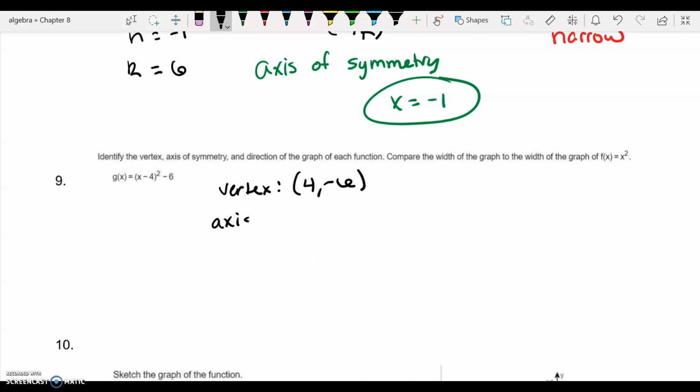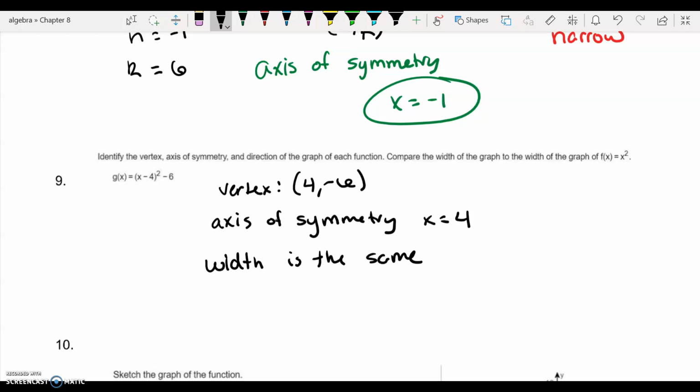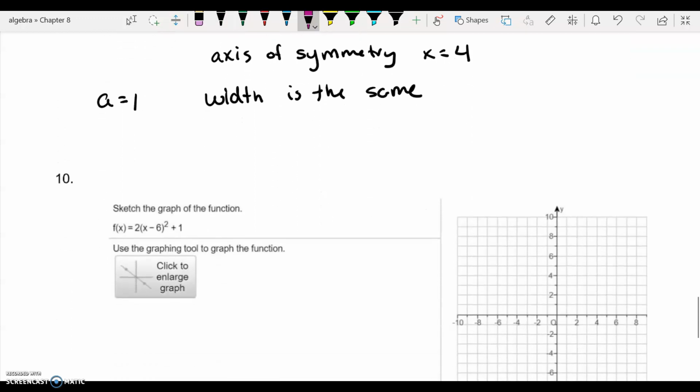My axis of symmetry should be x equals 4. And this one, the width is the same. Because look at your A. My A is 1. If your A is 1, your width is going to be the same as the parent function, the graph of f of x equals x squared.